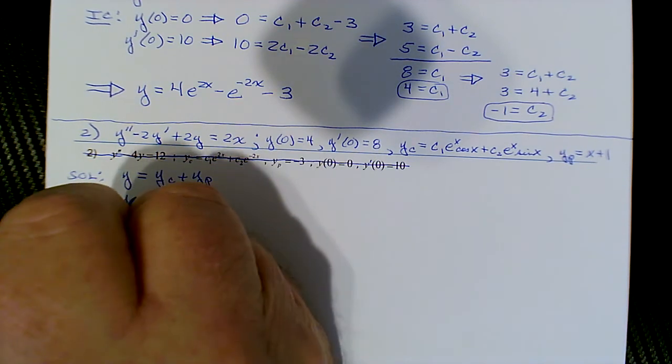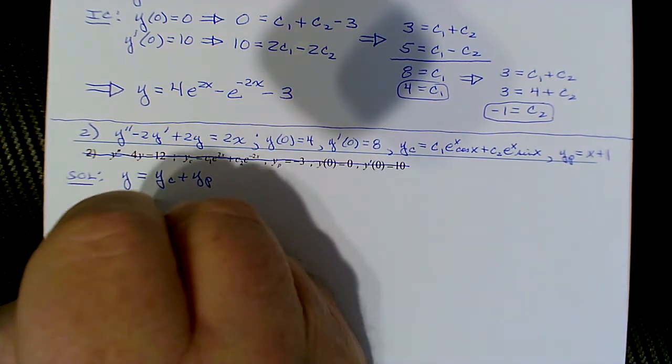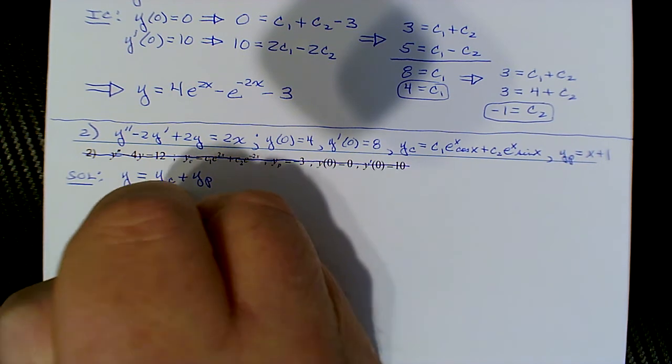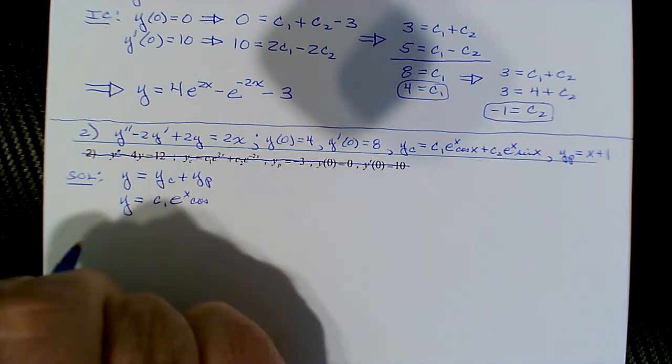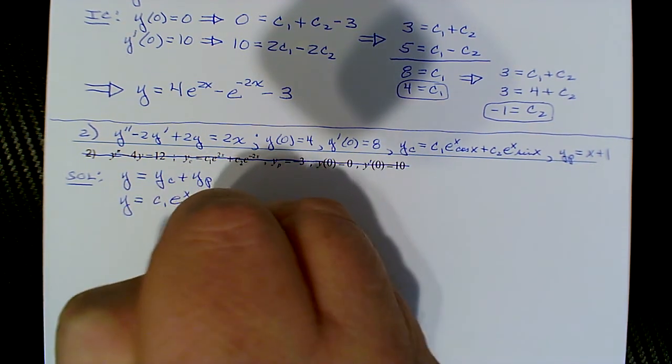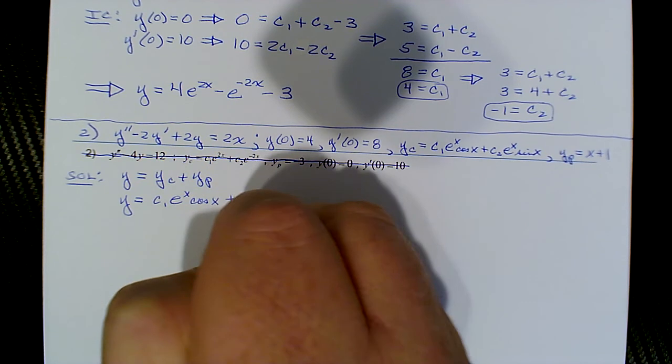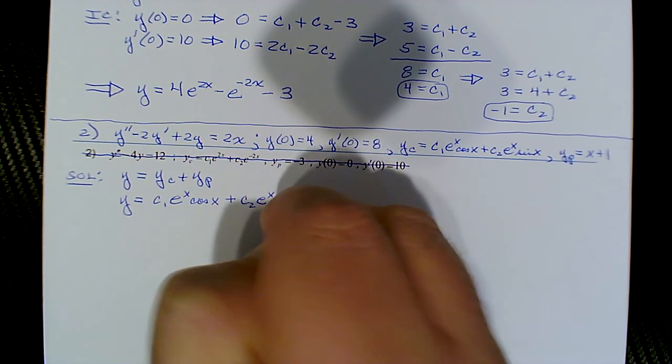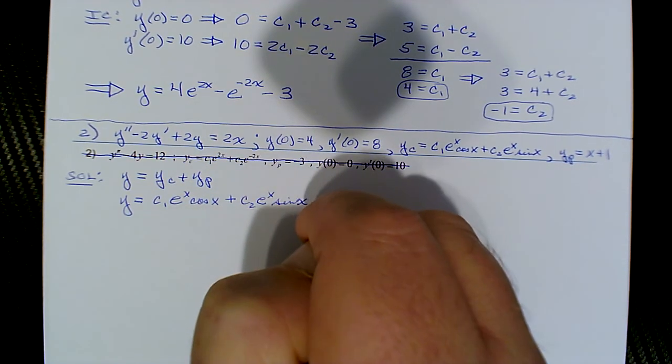Y sub c was c1 e to the x cosine x plus c2 e to the x sine x, plus y sub p, which was x plus 1.